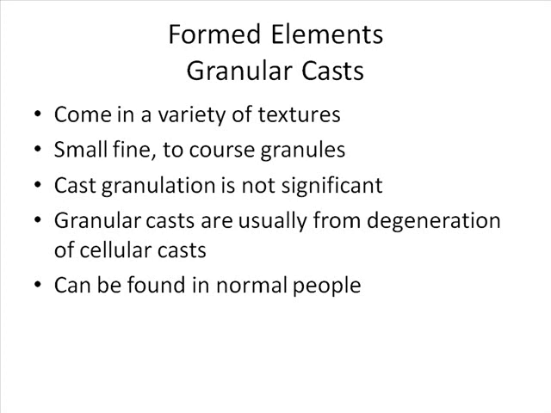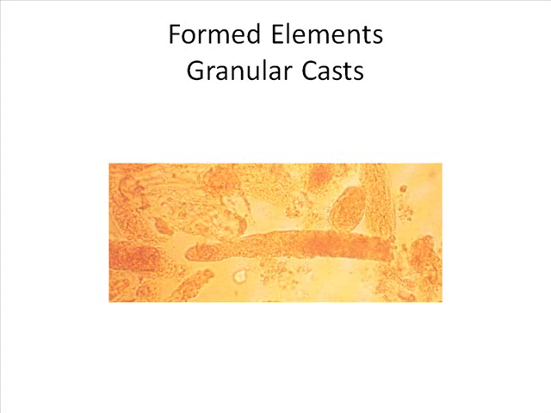You can also see these in completely normal people. So granular casts can be considered normal or pathological depending on how many you find. So you can see here that they have a lot more granular appearance than that hyaline, which just looks maybe just a little spotty, where a granular looks like it's full of granules.